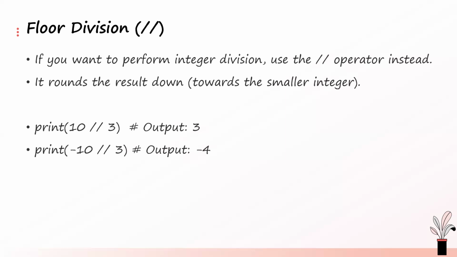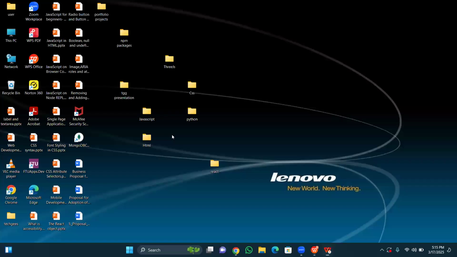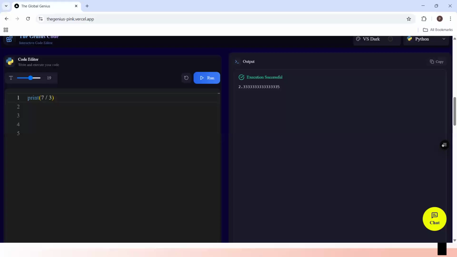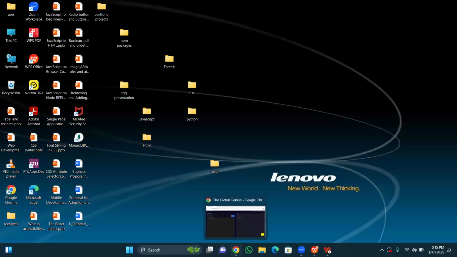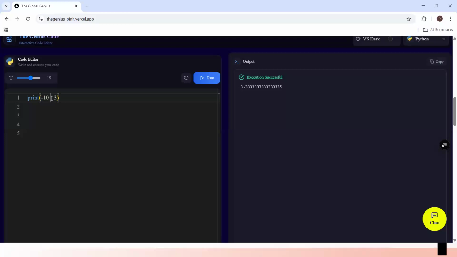It's just so crazy how Python does this. Sorry, I was using the floating point division there. If you floor divide minus 10 by 3, it's going to give you minus 4.